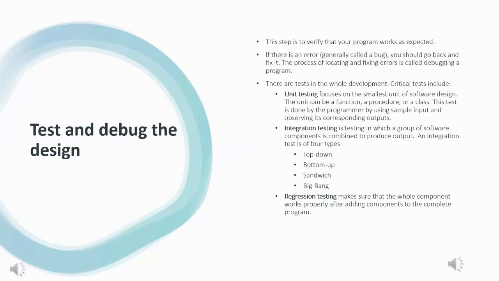Bottom-up testing tests modules at the bottom layer first, then integrate them to test, then integrate other modules to move up. Unavailable or not developed modules are replaced by drivers. Sandwich testing is a hybrid of top-down and bottom-up method. Stubs and drivers are used for incomplete or not developed modules.